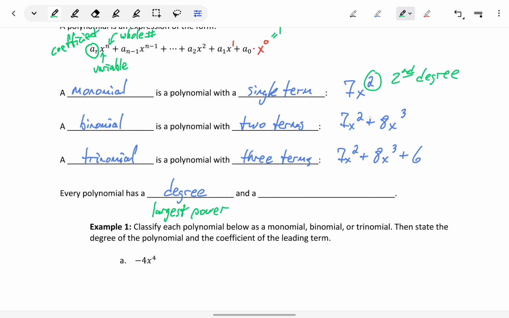When we look at that binomial, 7x squared plus 8x cubed, 3 is the highest power, so this would be a third degree polynomial. And the trinomial that we have here would still be a third degree polynomial because we added one additional term, but really that's being multiplied by x to the 0 power. So this is still a third degree polynomial because 3 is still the largest exponent that we see.